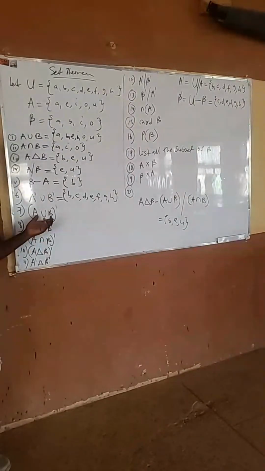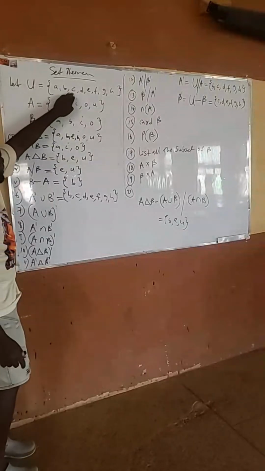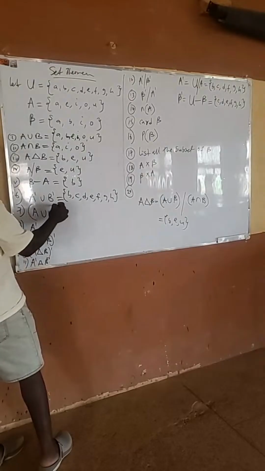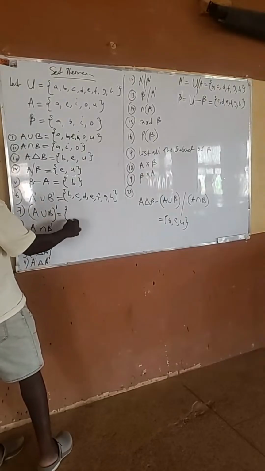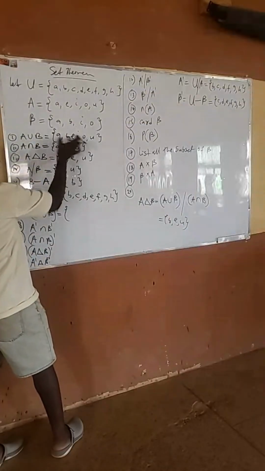Since the complement is outside here, this one means what I can see in the universal set that I cannot see in the union. So if you go to the universal set, anything you can see in this universal set that you cannot see in their union, that's the meaning of A union B complement. Or you tell me the answer. What you can see in the universal set that you cannot see in this union. Let's go.